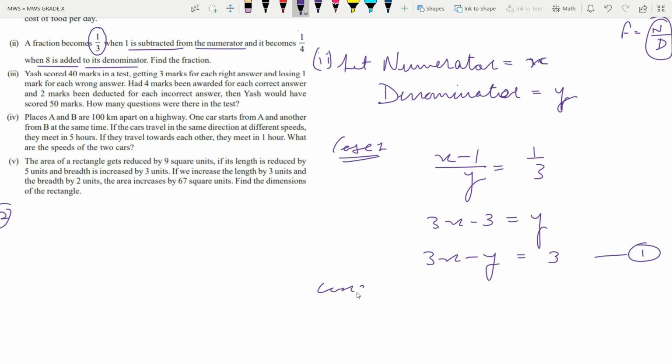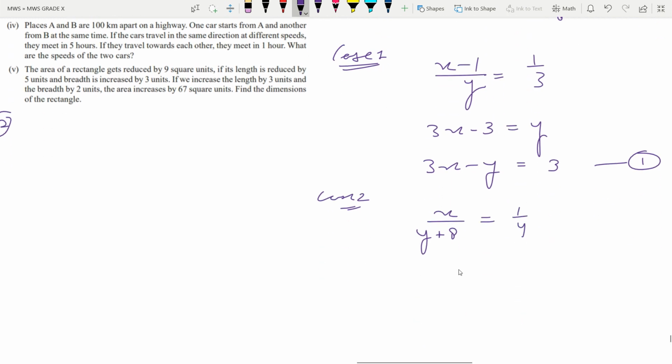So case 2. In case 2, it becomes 1 by 4 if 8 is added to the denominator. It means this time they are saying nothing to do with numerator, but 8 should be added to denominator. If 8 is added to denominator, fraction becomes 1 by 4. Okay, cross multiply it. 4x equals to y plus 8. Bring this y this side. So this is the second equation.